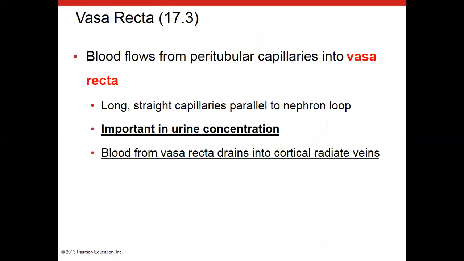And blood flows from the peritubular capillaries into another set of capillaries called the vasa recta that surround the nephron loop. It's also called the loop of Henle, if you see that written anywhere. And they're really important with regard to concentrating or diluting urine. Remember, the nephron loop's major job is to concentrate and dilute urine by exchanging water and ions across the membrane from the blood into the tubule or from the tubule into the blood.